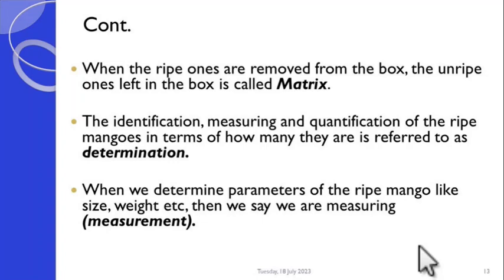If you take out the species of interest, whatever is left is the matrix. Once we are able to identify, measure, and quantify the analyte, it means that we have been able to determine it. Once we are doing the determination in terms of specific parameters, then we say that we are measuring the species of interest.